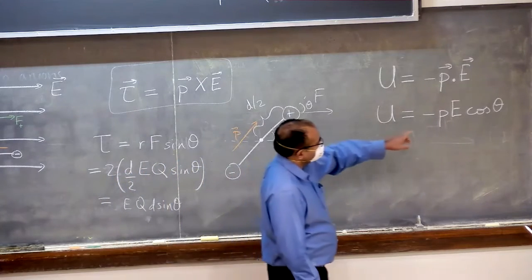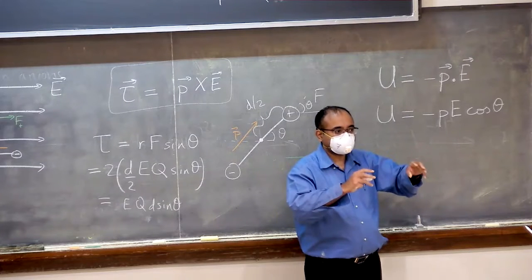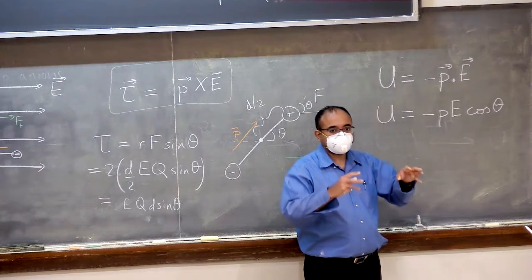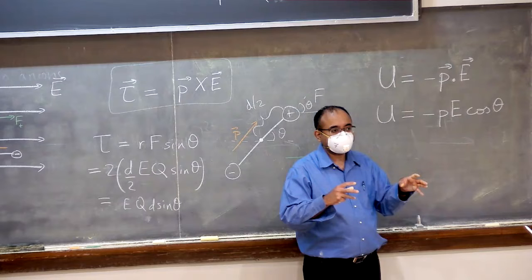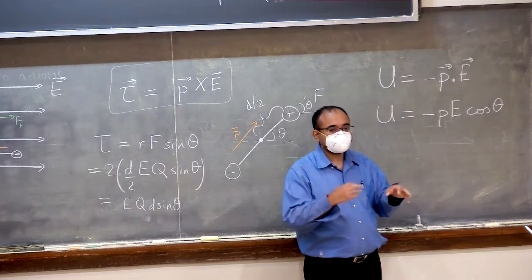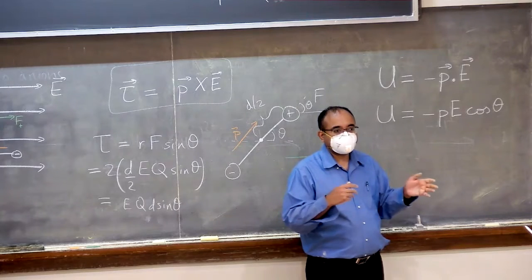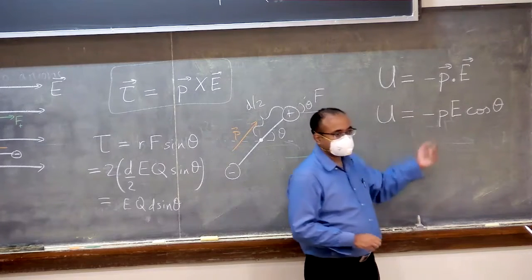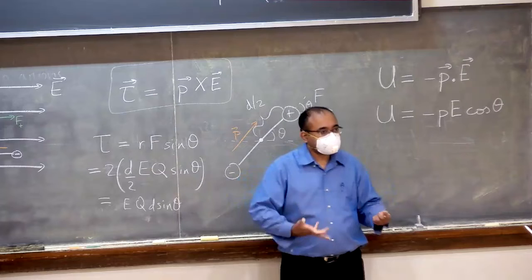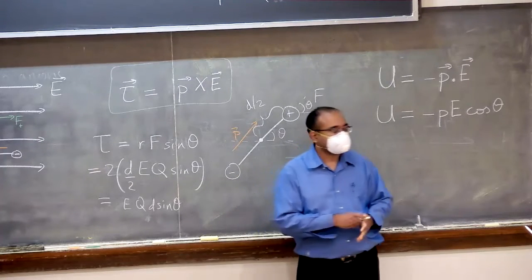Now, what do we know about a system with a potential energy? If you let a system go, generally systems try to decrease their potential energy, right? Usually the most stable configuration for the system is the lowest potential energy.